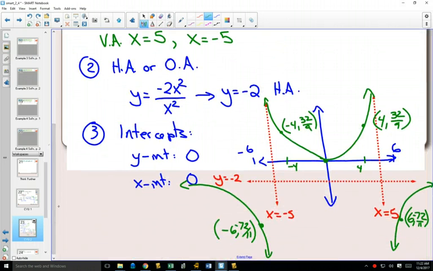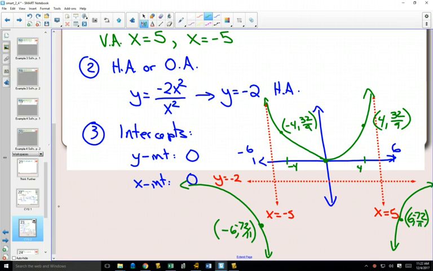To recap the things that we did, we always find non-permissible values to find our vertical asymptotes. Number 2, find out if you have a horizontal asymptote or an oblique asymptote. Find your intercepts and as many points as you need to graph your graph. So we started with our intercepts. We noticed that we needed some more points in the other sections.